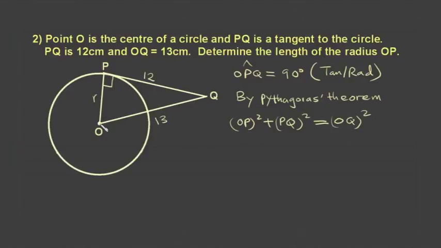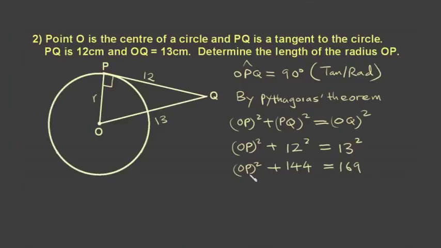OP, we are not given the length OP, so OP squared plus PQ, PQ is 12, so we have 12 squared is equal to OQ squared. OQ is 13, so we have 13 squared. So here OP squared plus 12 squared, which is 144, equals 13 squared. 13 times 13 is 169.